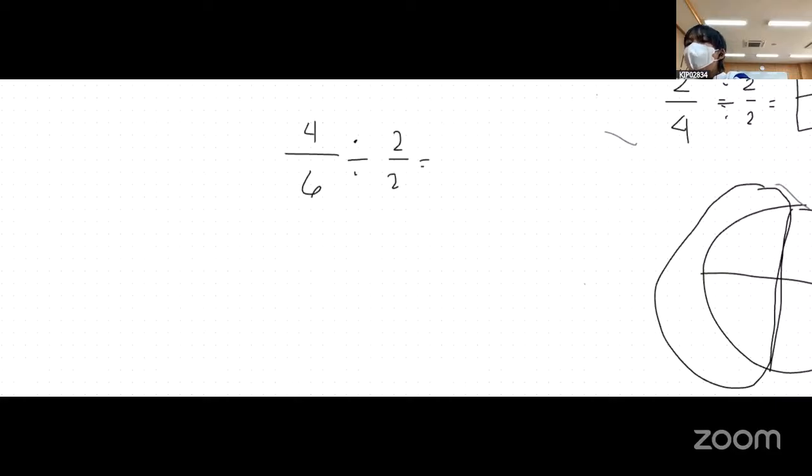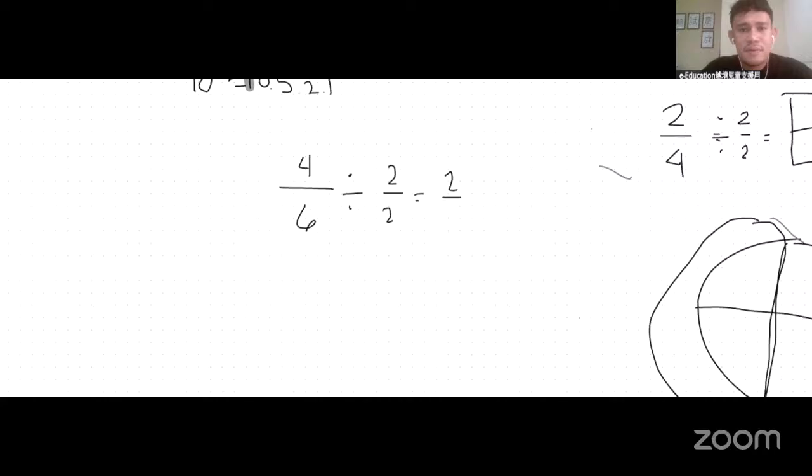Now 6 divided by 2 is 3. Yes, very good. So for 4 over 6, this is its lowest term or its most simple form. So that's what lowest term is, its most simple form.